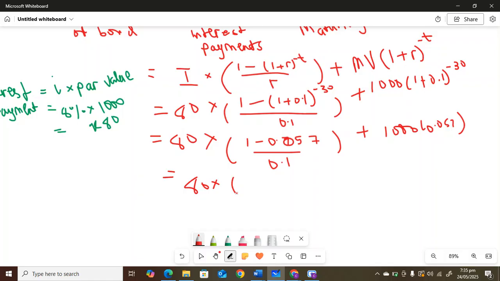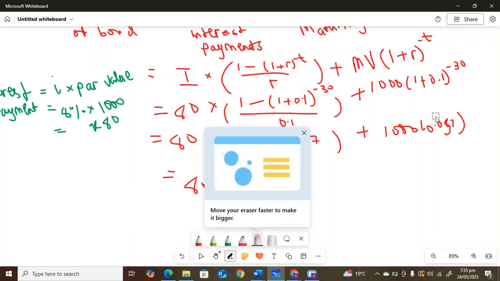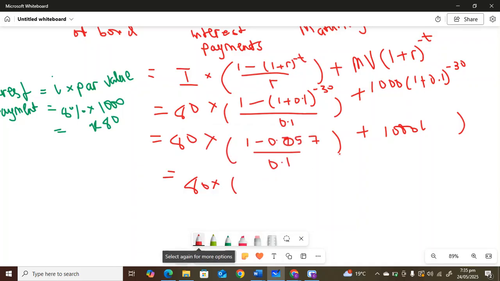Now we're on the annuity side. We first calculate 1 minus 0.057, which is 0.943, divided by 0.1, giving 9.43.